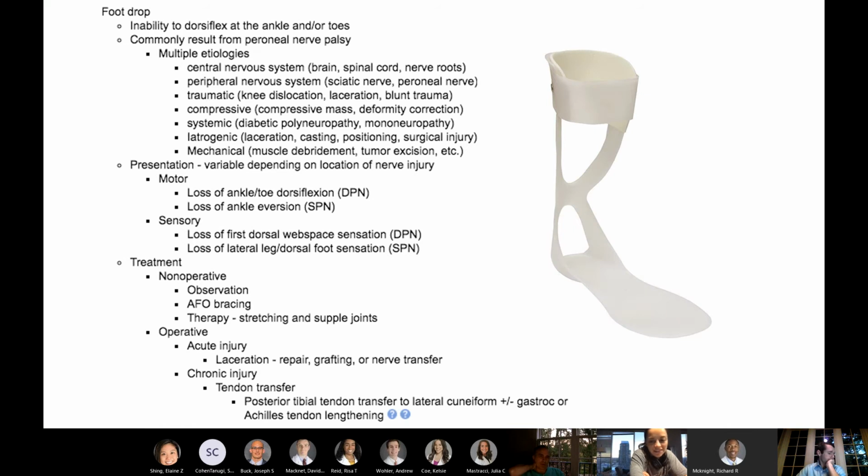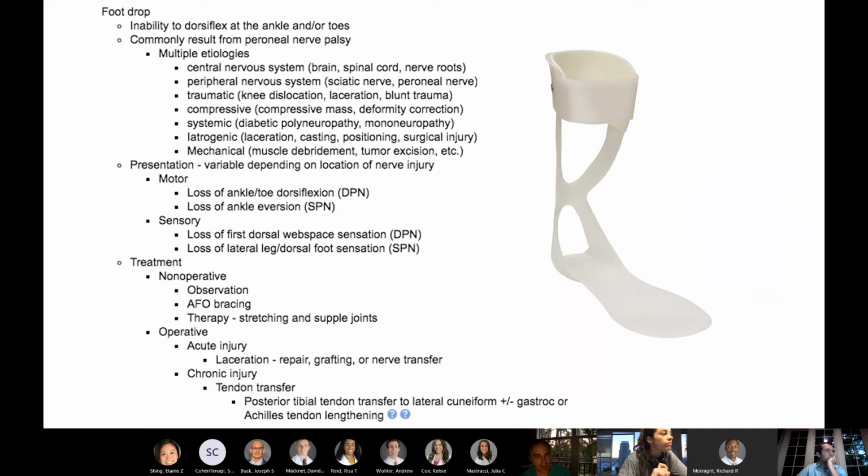Foot drop. So foot drop, again, usually a peroneal nerve palsy, and that's why I brought up the involvement of the peroneals. You can have a foot drop in the setting of an anterior only compartment syndrome, and that you'd have to look at carefully when you take the posterior tibial tendon.